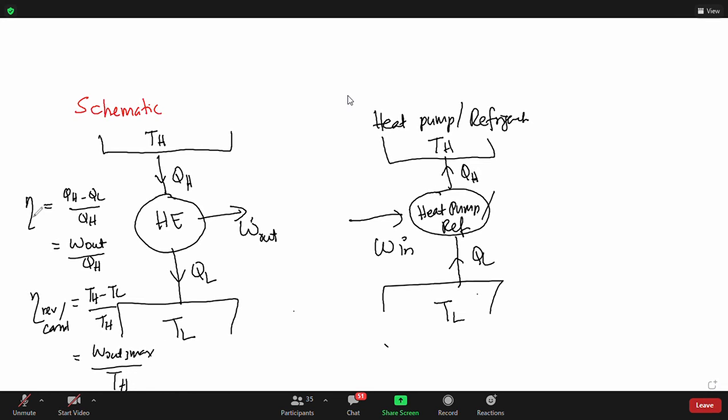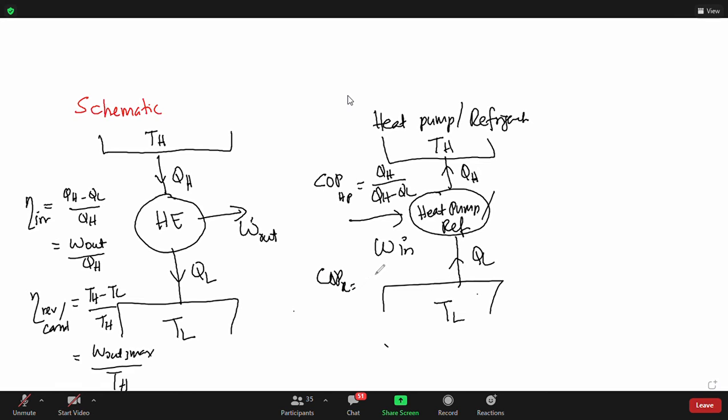This is for irreversible or actual. Similarly, with the heat pump or the refrigerator, depending, COP heat pump, which is what you want, will be QH over QH minus QL.